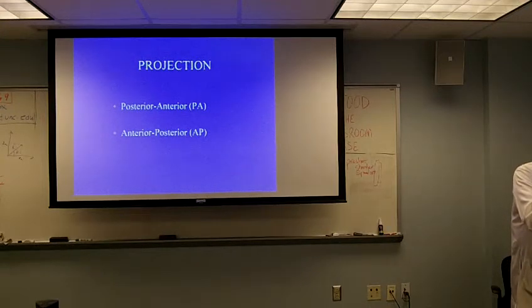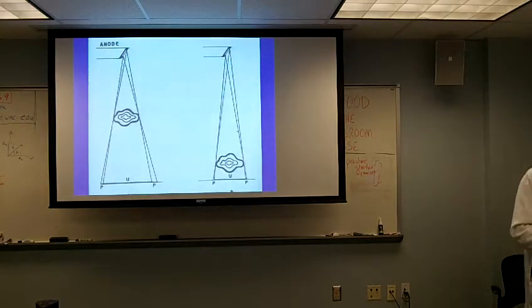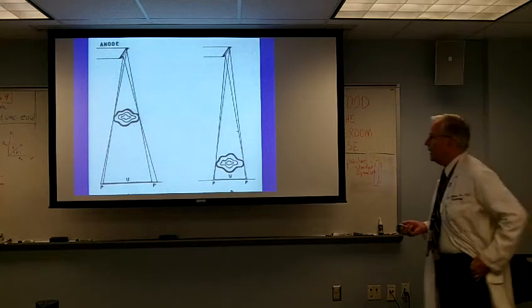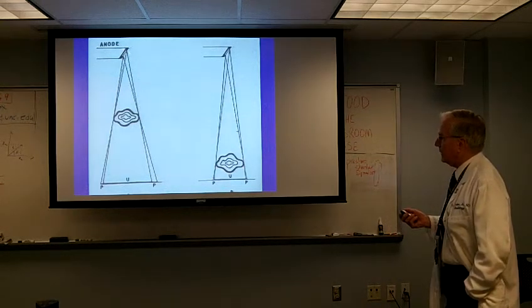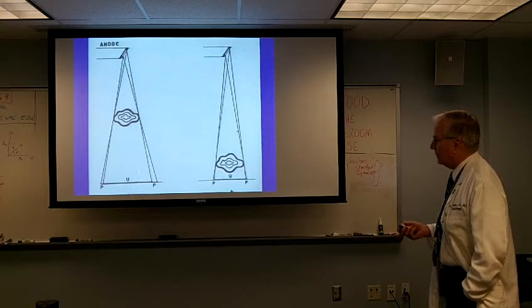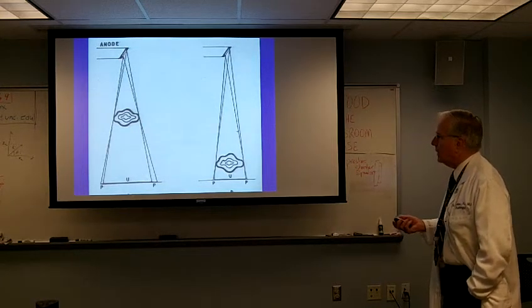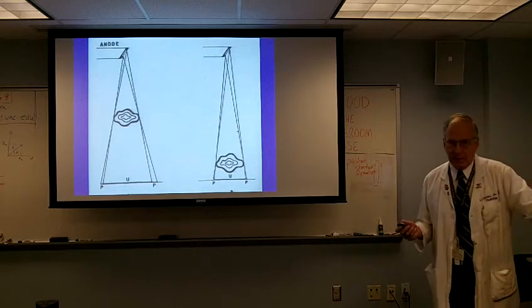What I have to explain to medical students and to house officers is it's different because it's an AP projection rather than a PA projection. One of the differences is shown in this slide. If you have an object of known size and a fixed film focal distance between your source of X-rays and your image receptor, the further away that object is, the more the geometric magnification.